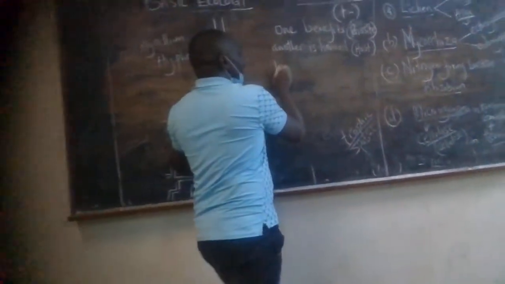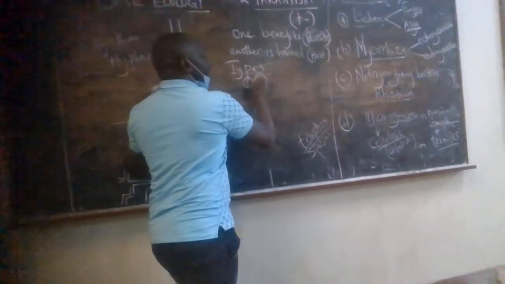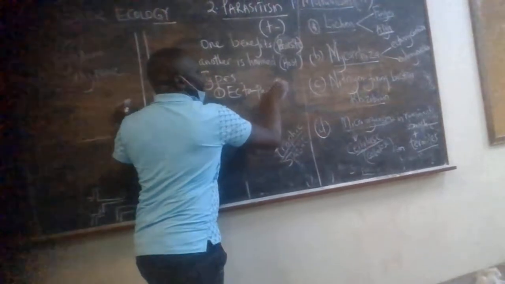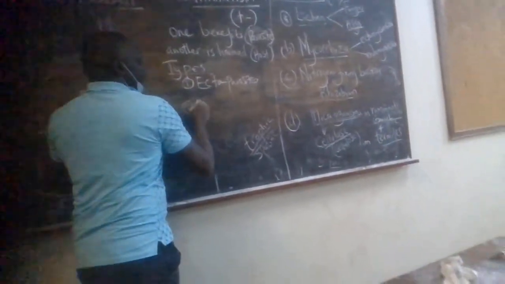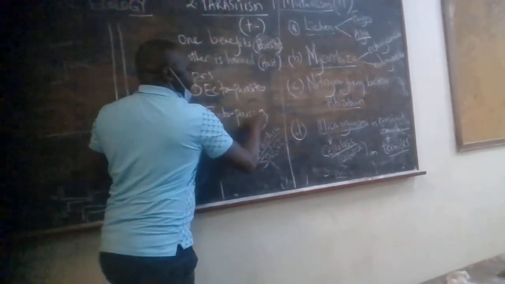So now the parasites are grouped, of course, into what you call ectoparasites. Ectoparasites. And then what? Endoparasites. Let us talk about one type first, the ectoparasite, with examples.